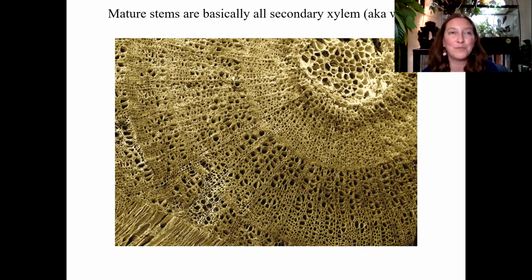So you could say I have secondary xylem floors, or a secondary xylem chair. What you and I call wood is technically secondary xylem, and this is a close-up, another scanning electron microscope image showing you a close-up of secondary xylem cells in a big mature stem.